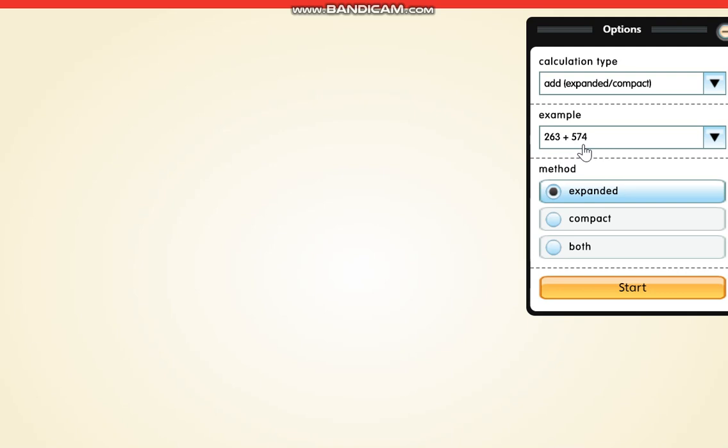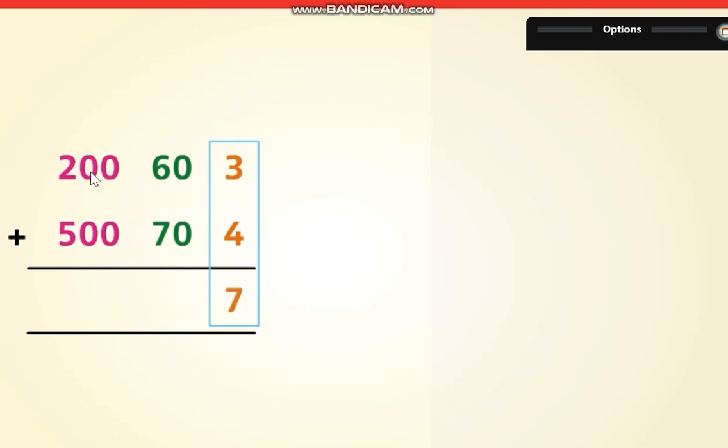So from the partitioning method, the first step is to partition it. Writing, instead of 263, it becomes 200, 60 and 3. And 574 becomes 500, 70 and 4.